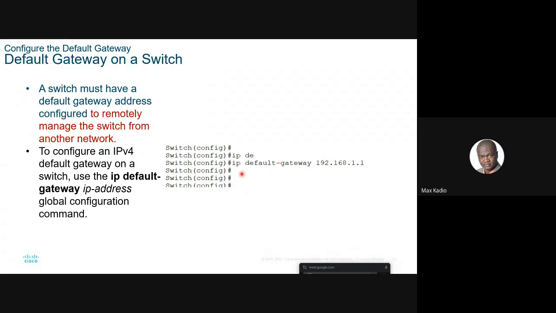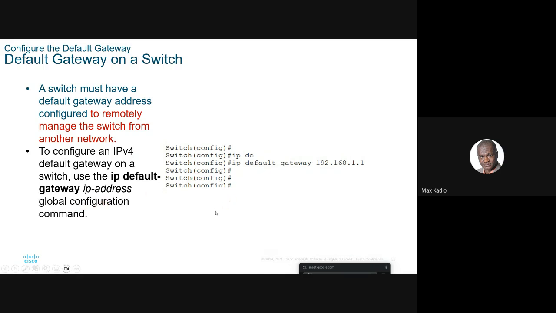Then I need to use telnet. This is important, because anything I do will also go via the switch. So the switch will redirect me to the router to allow me to do anything I want to do. So we see here: to remotely manage the switch from another network.